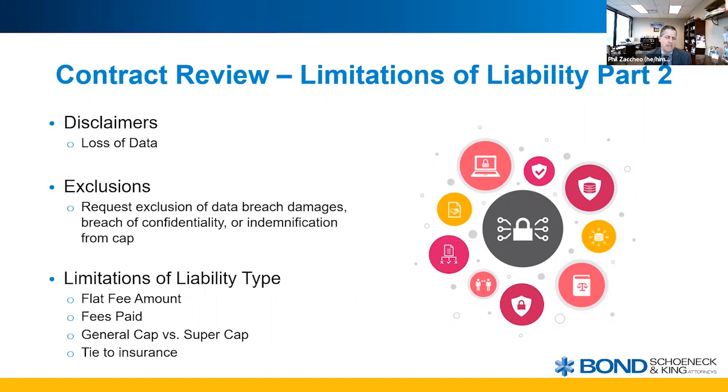More commonly and more prominently are liability caps. And again, Amber already previewed this a little bit, but the concept here is a vendor is saying, look, even if we do something wrong, the extent of recourse you have against us is going to be economically limited. These are wonderful, right?